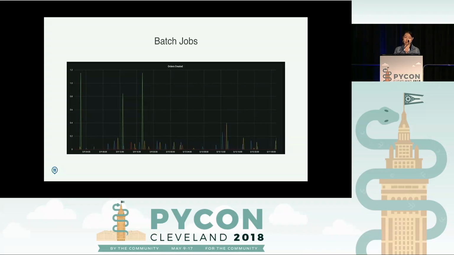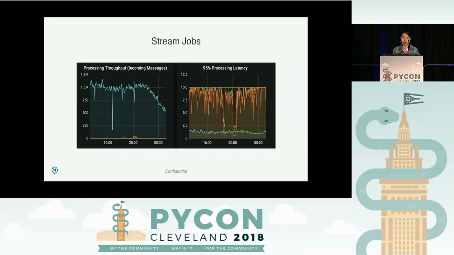If you stop seeing these spikes, in this case, where the green spikes sort of slow down later on, it begins to open the question of did my job stop running, or maybe I just had a period of time where there was a lot more data than usual. With stream jobs, you want to monitor for the ingress and egress of the queue, the latency of how you're reading the data, as well as the oldest age of the message that's currently in your queue.